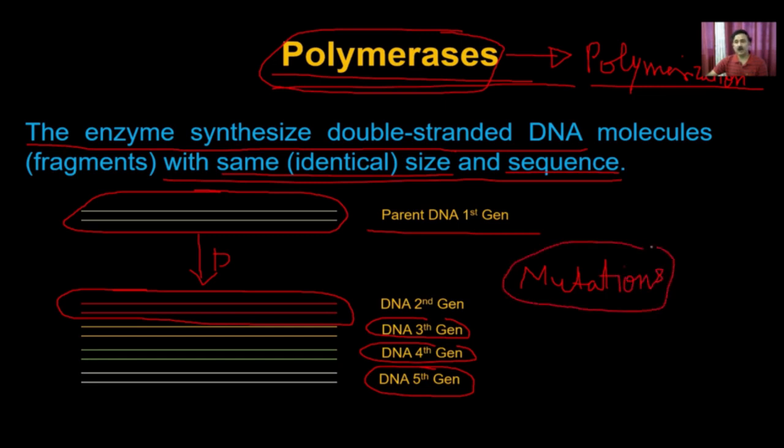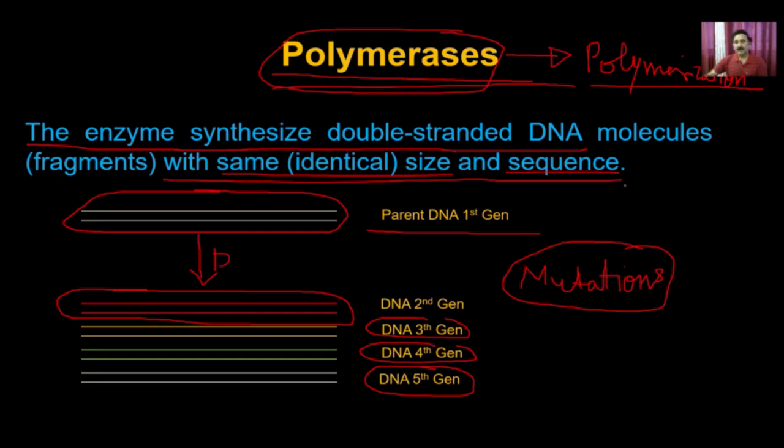So for the mutation or the DNA degradation, if this particular parent DNA is 1 kb, and the synthesized DNA is going to be 890 base pairs, then it is going to reduce the size of the DNA, and that is going to lose some information.